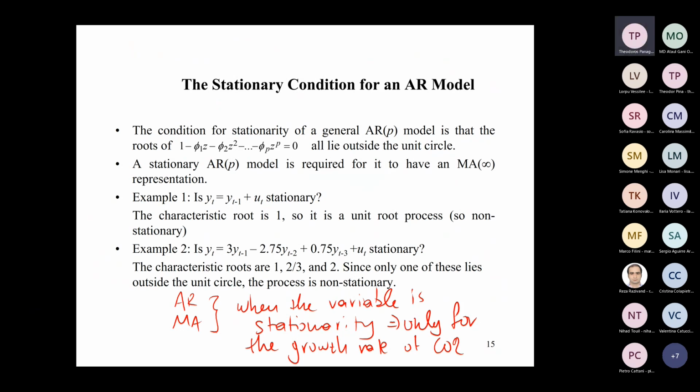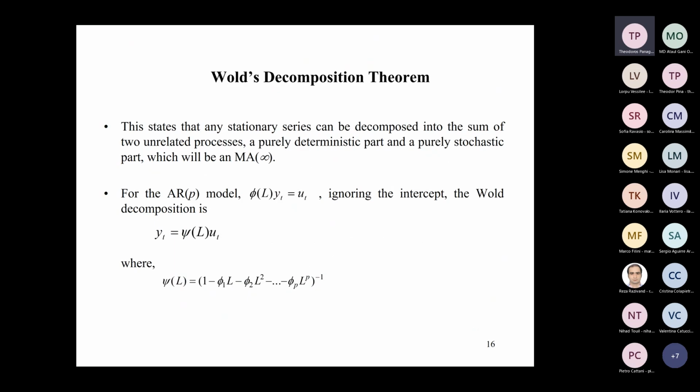Is this clear? You want me to repeat something? So only for the growth rate of CO2 emissions, you need to estimate autoregressive and moving average models.